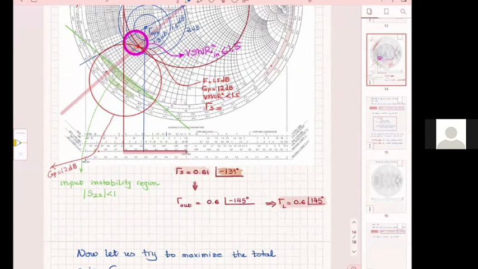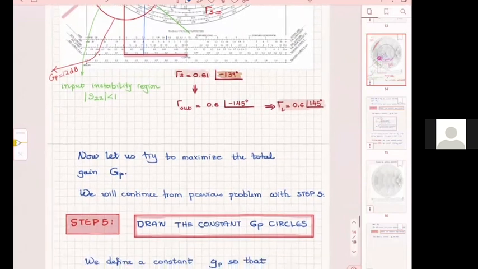With these two matching networks, I have a low noise amplifier that has a noise figure of 1.5 dB, a gain of 12 dB, and an input VSWR less than 1.5. If you were to build it, it would operate that way.